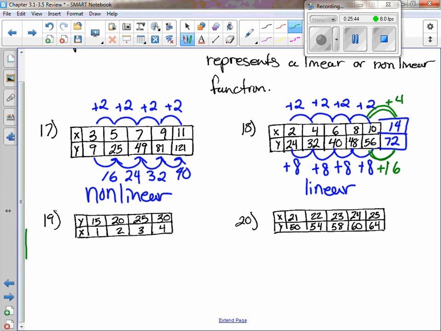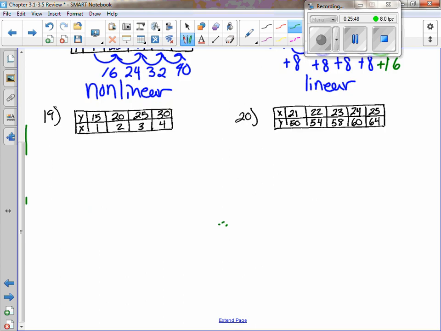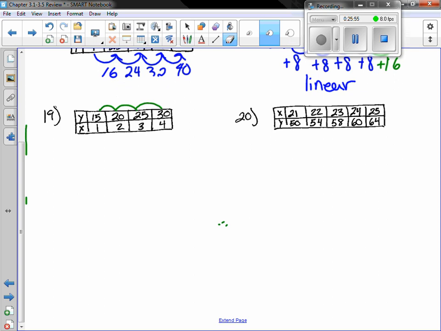Okay, let's look at this next one here. Well, they put the y values on top. That's fine. So the change in y from 15 to 20 is plus 5. 20 to 25 would be plus 5. 25 to 30.